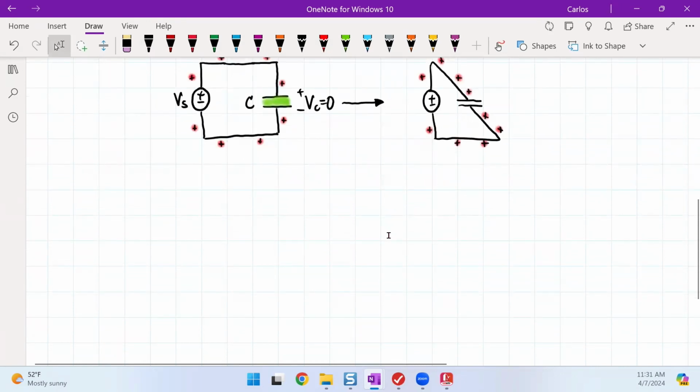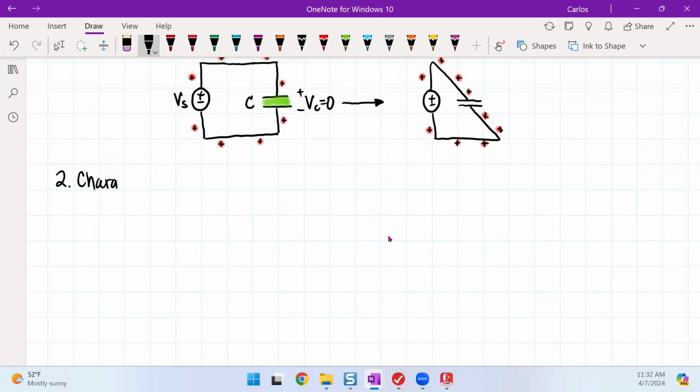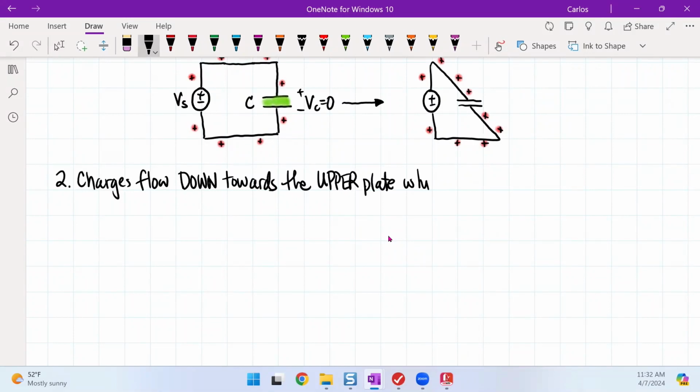So what happens now? If you're looking at this picture, you're seeing that charges flow down towards the upper plate, while charges flow down away from the lower plate.